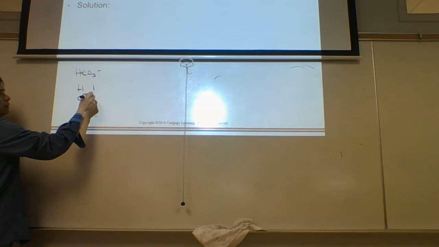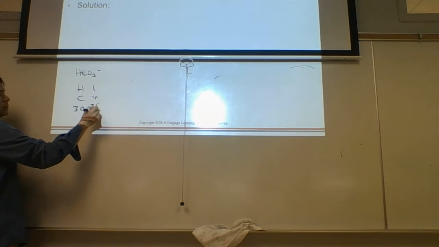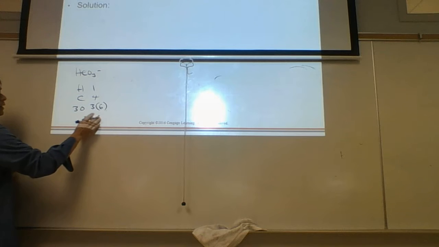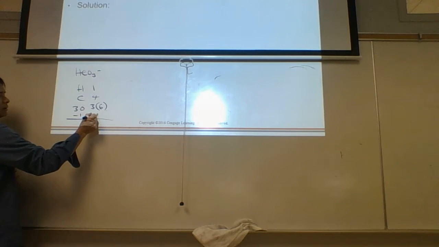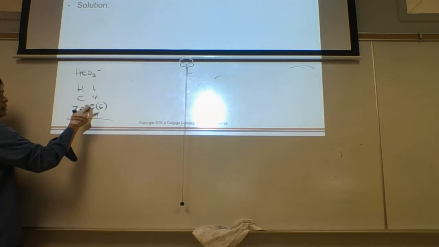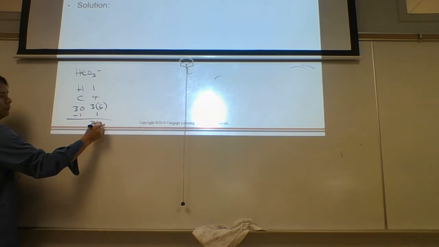Carbon? 3 oxygens. Each oxygen is going to be 6. And then the -1 charge, which means we add electron or subtract? Add electron. So this is 3 times 6 is 18, 19, 20, 24 electrons.